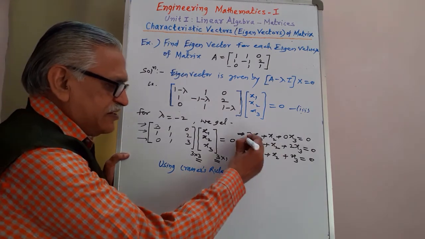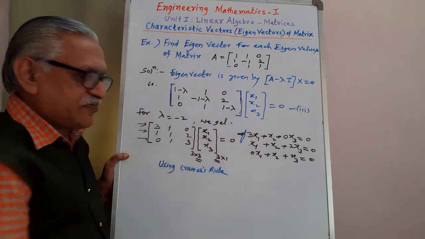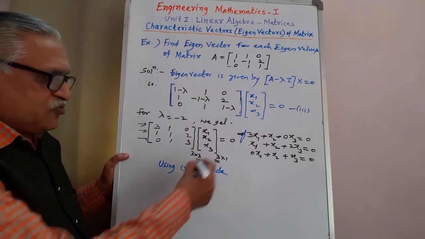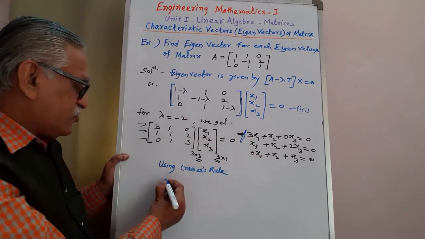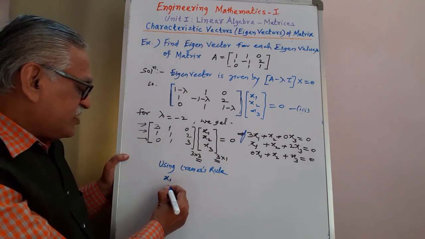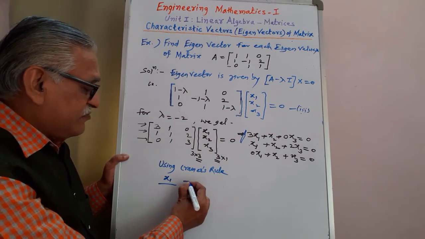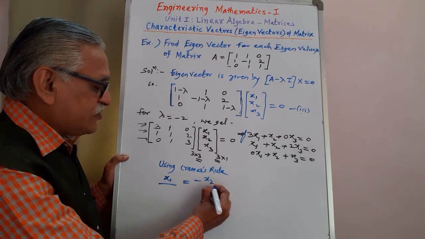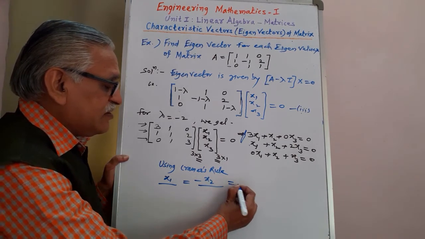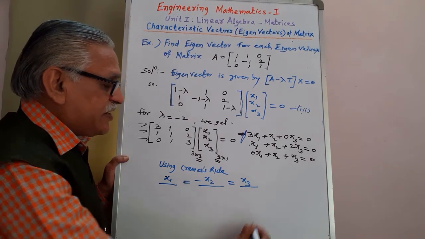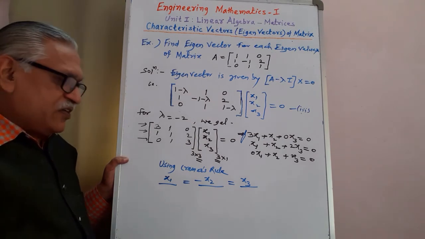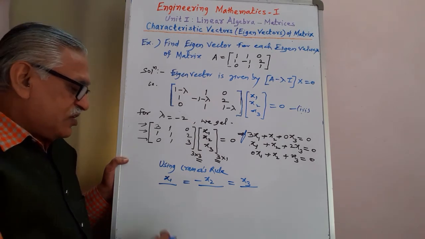Here I am considering the first two equations. Solving the first two equations by Cramer's rule, it is x1 divided by, then minus x2 divided by, and x3 divided by. We have to find the values of x1, x2.